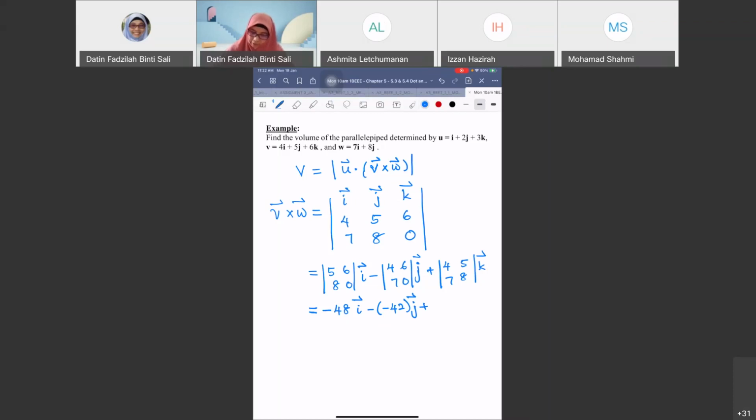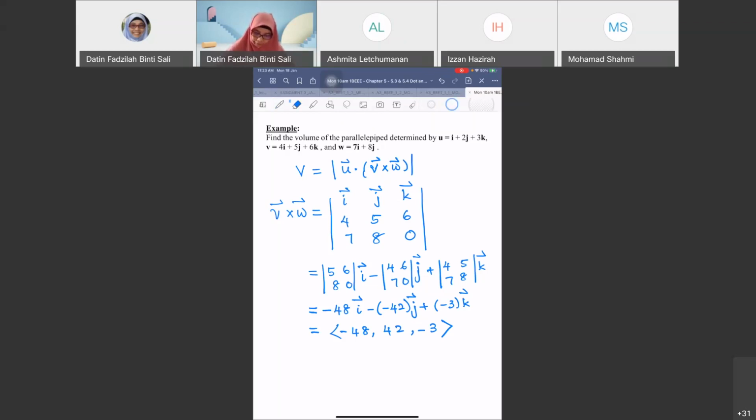Minus 7 times 5, 35. 32 minus 35, so that is minus 3K. Which means it is minus 48 plus 42 positive and then minus 3. If I make a mistake, let me know. So that is your V cross W vector.